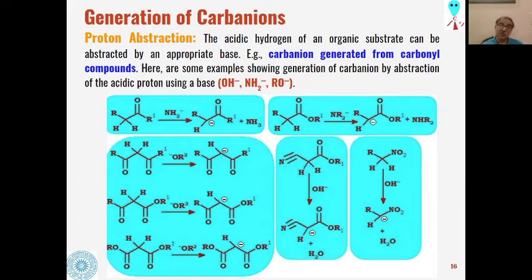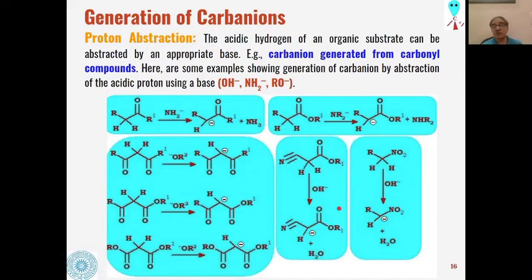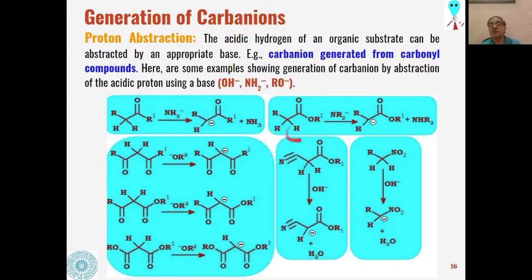Similarly, diesters can also undergo abstraction of protons to give us carbanions as the product. Then esters also can produce carbanions, because these protons will be acidic protons.